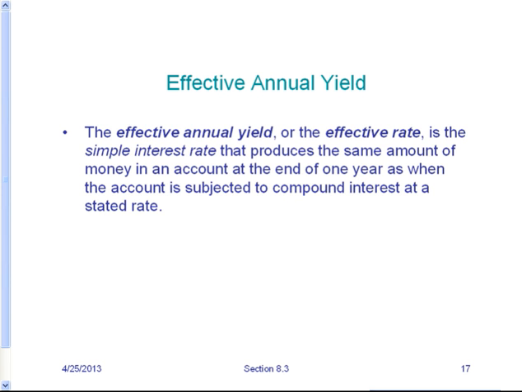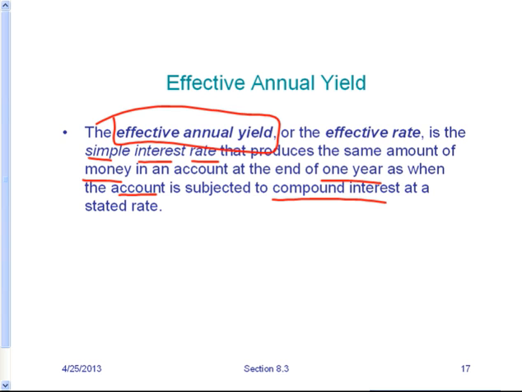Effective annual yield, or the effective rate, is the simple interest rate that produces the same amount of money at the end of 1 year, with no compounding, as when the account is subjected to compound interest. It's a way of comparing apples to apples.